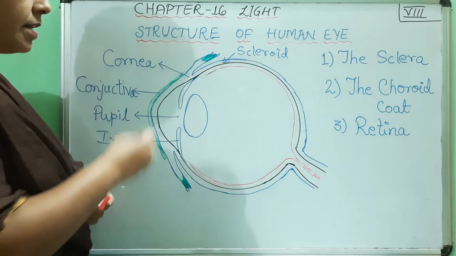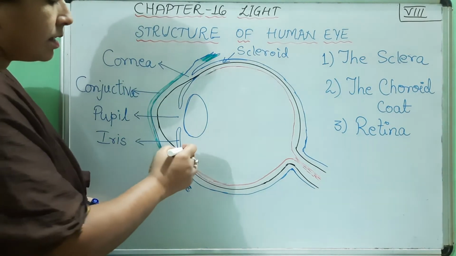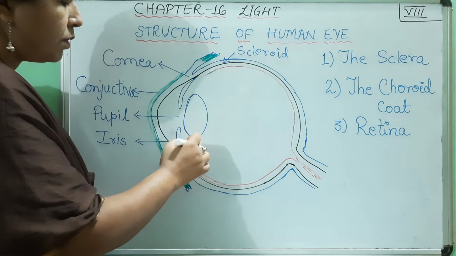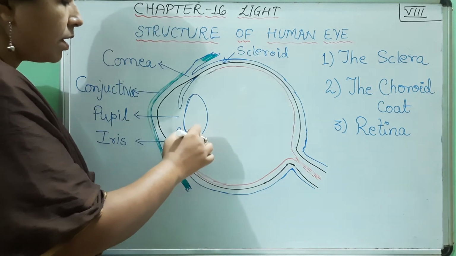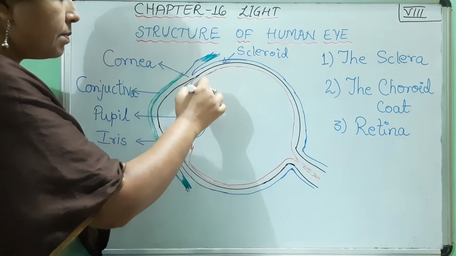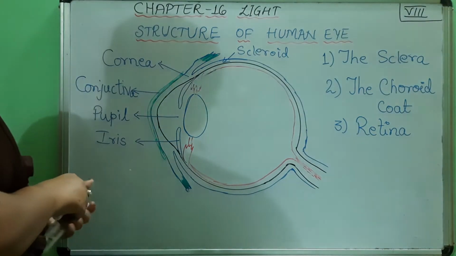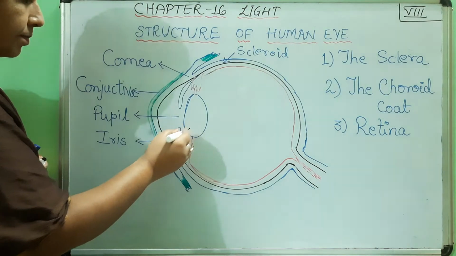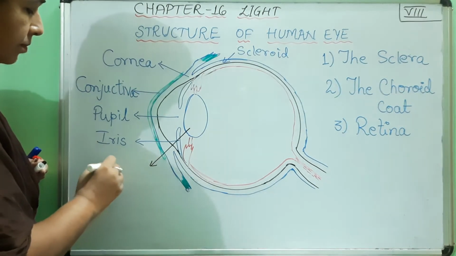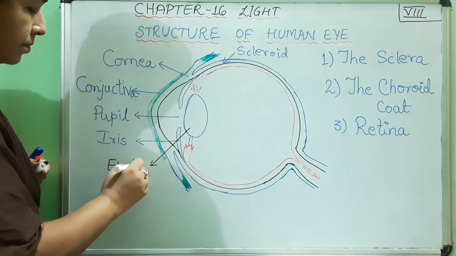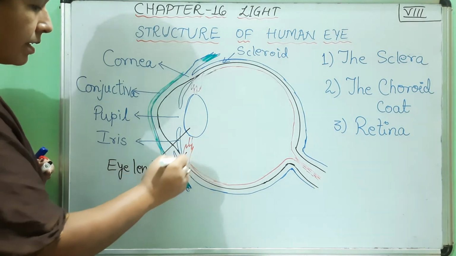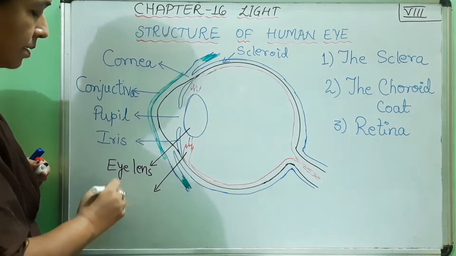This lens is held in its place with the help of a few muscles. We call them ciliary muscles. So, this is the eye lens, and these are ciliary muscles.